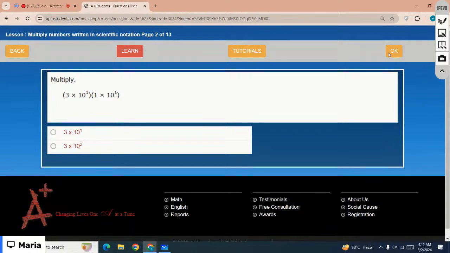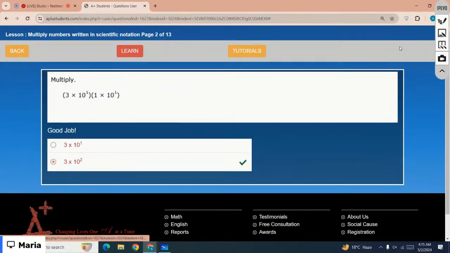The correct option is 3 times 10 exponent 2. Option number 2 is the correct option.